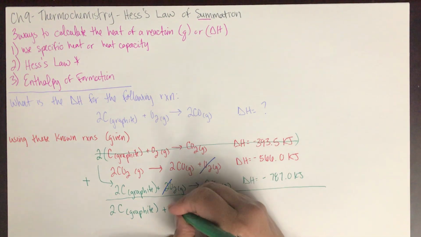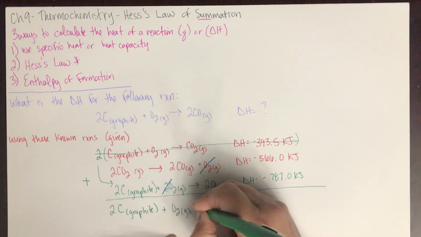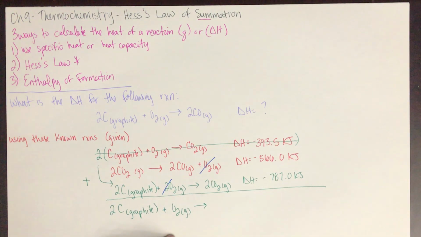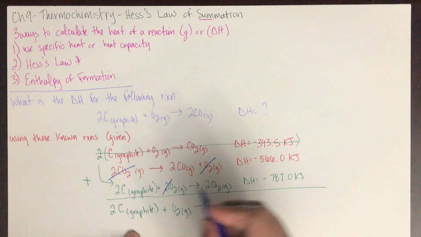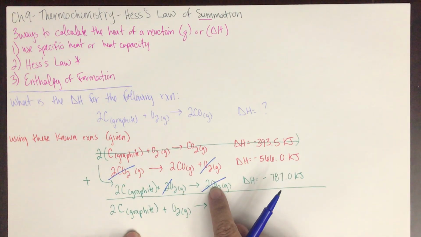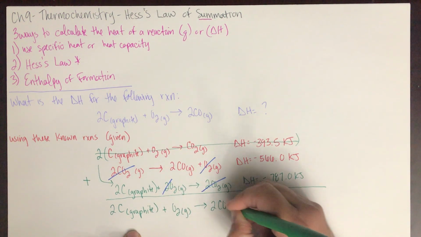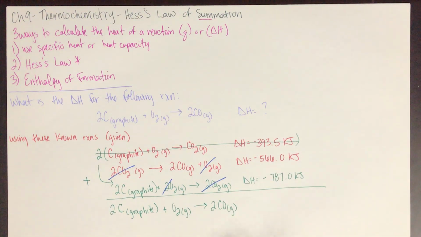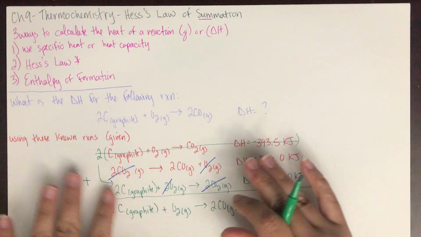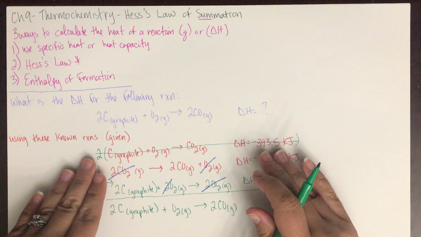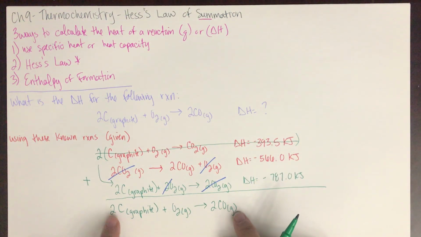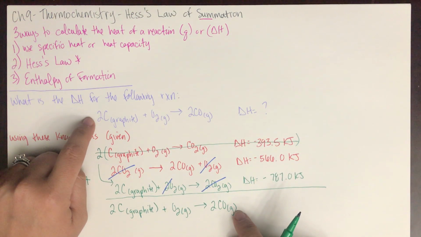So now I have oxygen gas, and it produces, these 2 carbon dioxides are canceled out by these 2 carbon dioxides, 2 moles of carbon monoxide gas. So I have manipulated these 2 known reactions to add them together to get my unknown reaction.